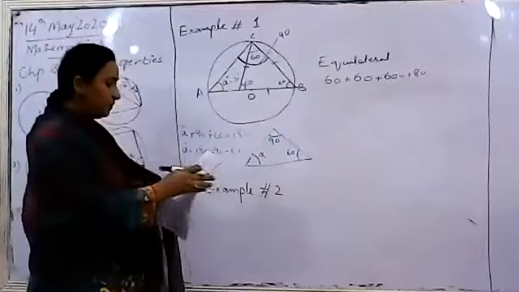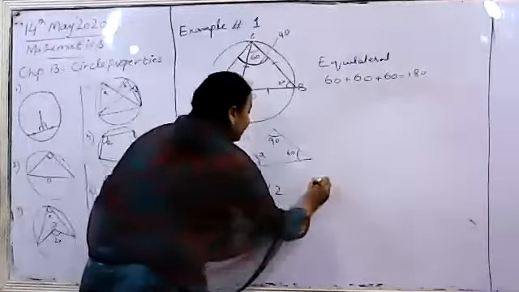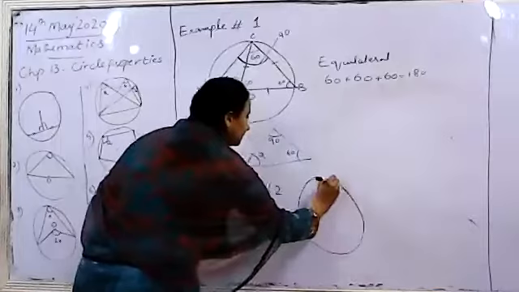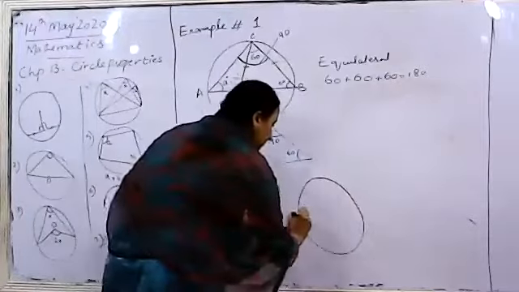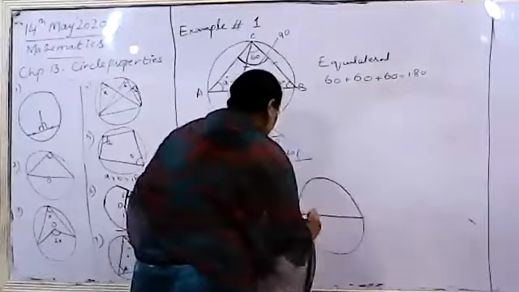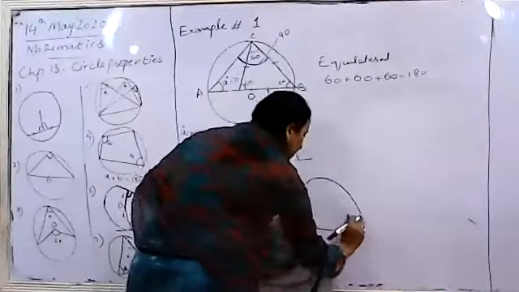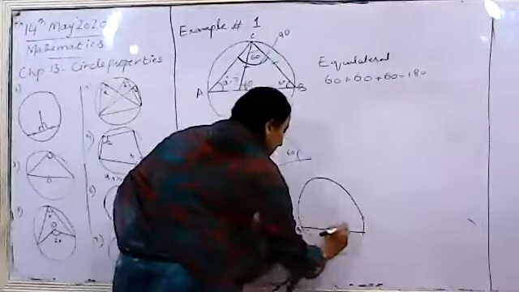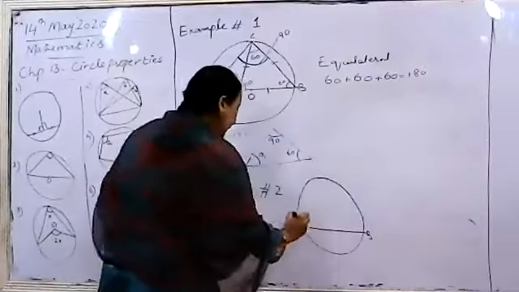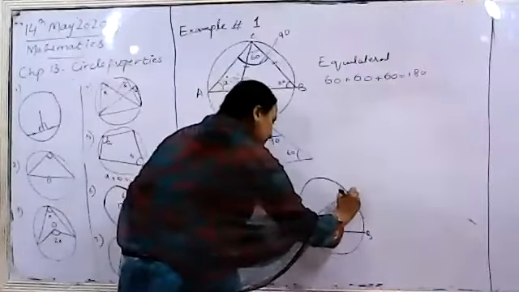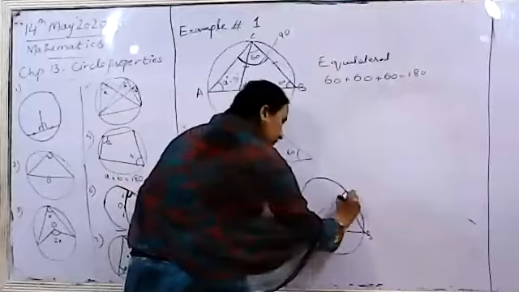And what is my example number 2? See, if I have a circle, right? And this is going to be a chord, not the center line. AB is a chord, and the angle made on the circumference is going to be Y degrees.